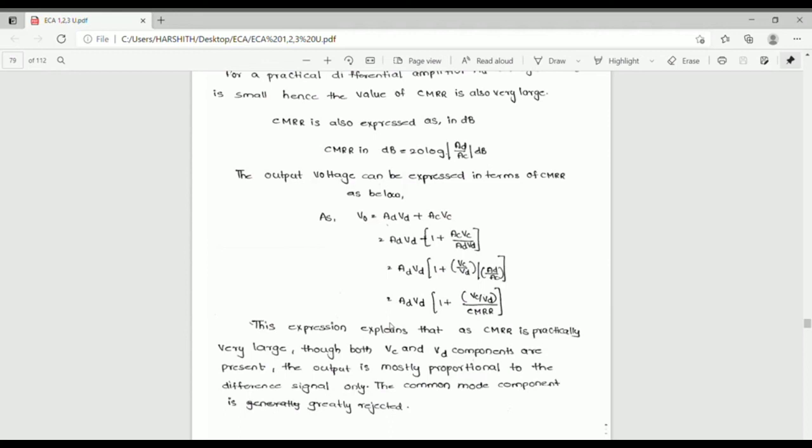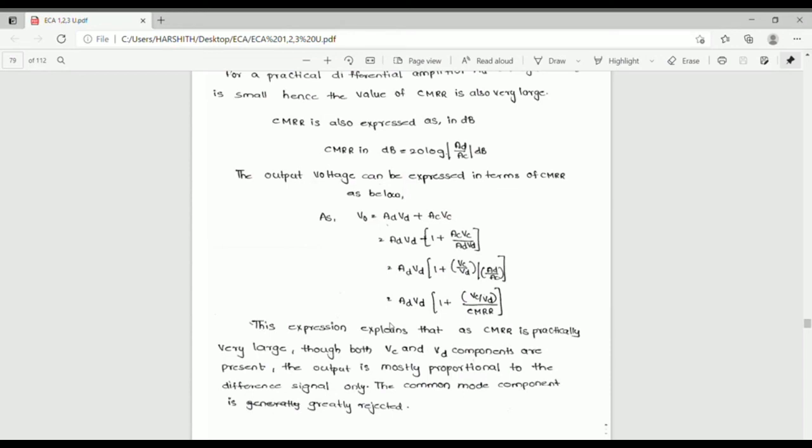Finally, CMRR and common mode operation and differential mode gain you must prepare, and Darlington pair amplifiers, and derive the expressions for AI, AV, RI and R0, cascade amplifiers, bootstrap amplifiers, coupling methods, and h parameter models of the CE, CC and CB amplifiers.